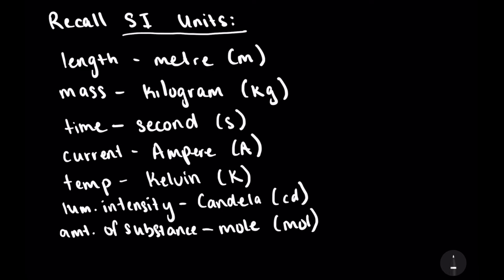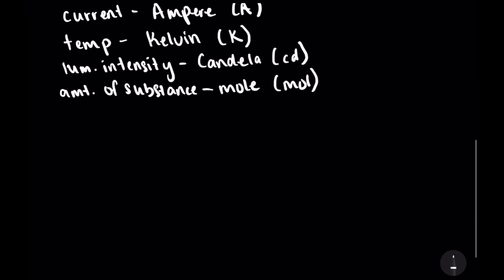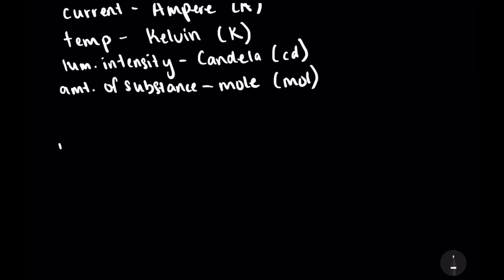But let's say on the exam, they don't want you to represent an answer as its SI unit. Like, let's say, for example, instead of giving the answer in meters, we wanted to represent it as a kilometer, right? Which I'm sure whether you drive or take the bus or whatever it is, you're going to have seen kilometers somewhere on some sign on the road, right? So let's say they wanted you to give the answer as a kilometer instead of a meter.